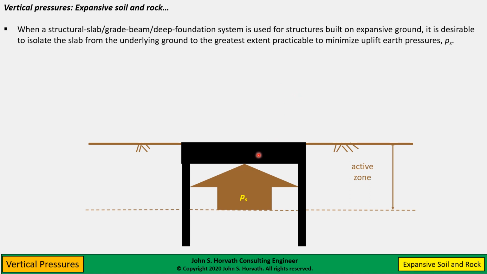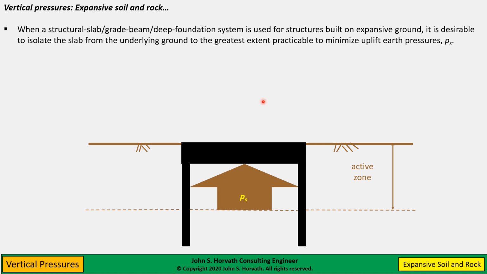So in this situation, it's highly desirable to isolate the structural slab from the underlying ground to the greatest extent practicable. And this is to minimize the uplift earth pressures that can develop during the life of the structure.